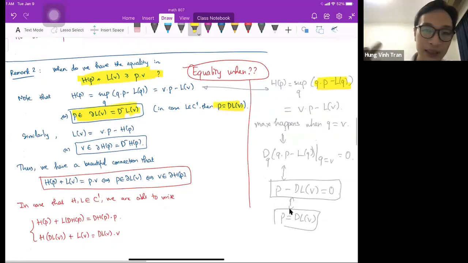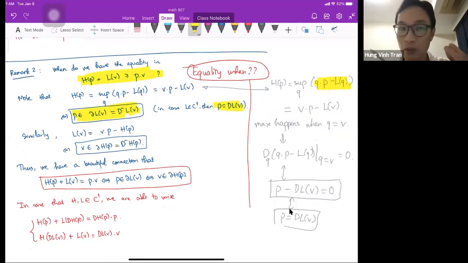And similarly, it's really important that you not just have a one-sided inequality, because if equality happens, it happens for both. It happens for H equals a sup of something and L equals a sup of something.